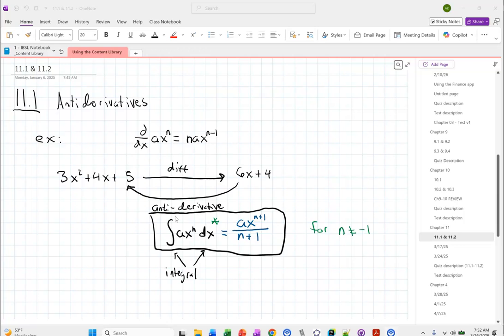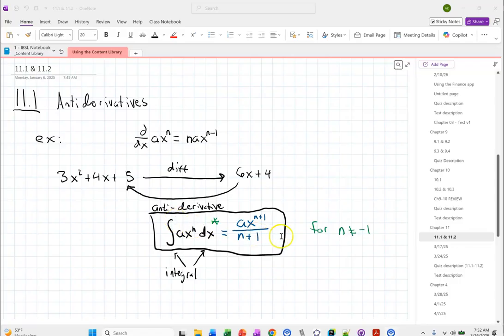Really what it's doing is kind of like a summation. The reason that integral symbol looks like an S is because what you're really doing is summation. So you're adding a bunch of things up. We'll talk about that later in the chapter, the machinery behind this operation.